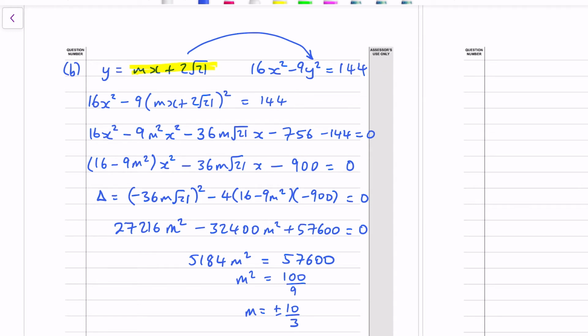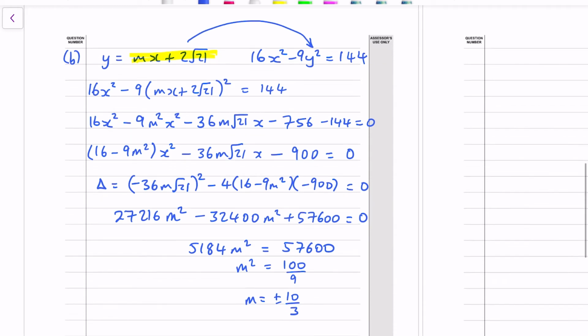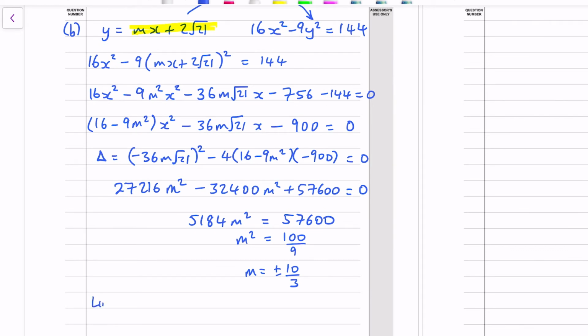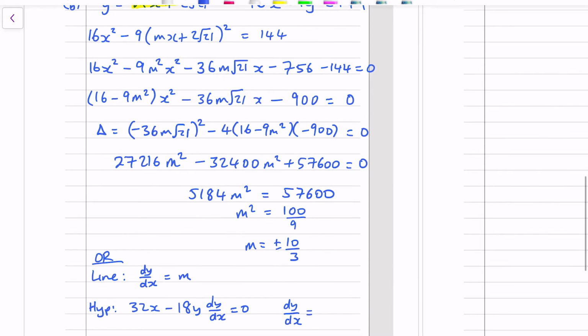Now, if you want to do this using calculus, it is a lot more tedious. This is an alternative method: for the line, the gradient is equal to m for all points on the line, and for the hyperbola, we use implicit differentiation for the gradient function, and then we rearrange it, we get dy/dx equals 32x over 18y, which simplifies a little bit to 16x over 9y.